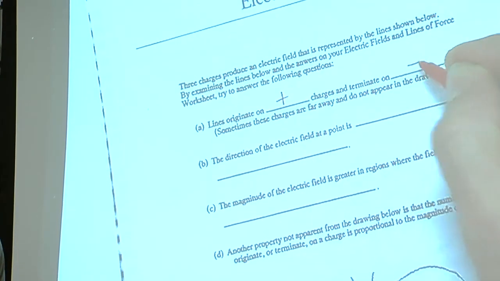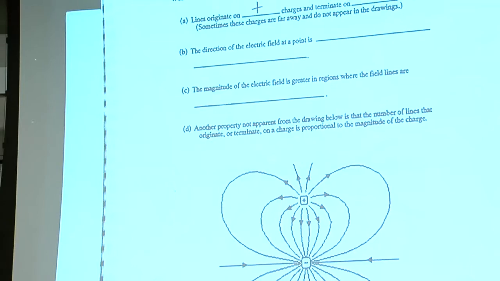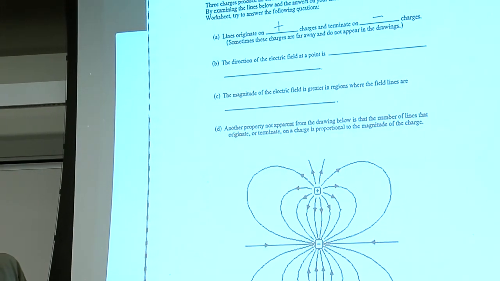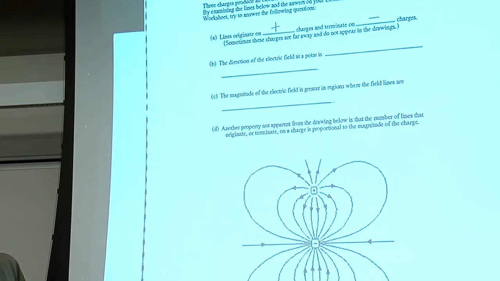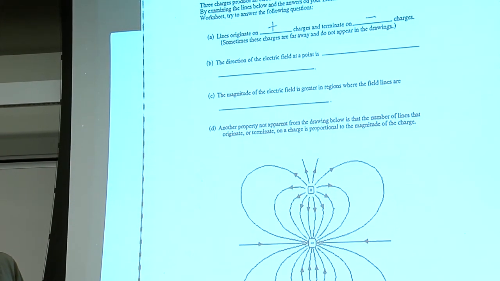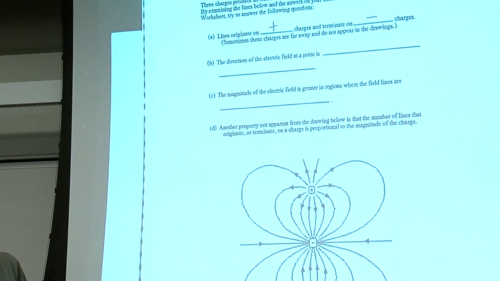Terminate on negative charges. The direction of the electric field at a point is, what did we just say? Tangent to the field line.